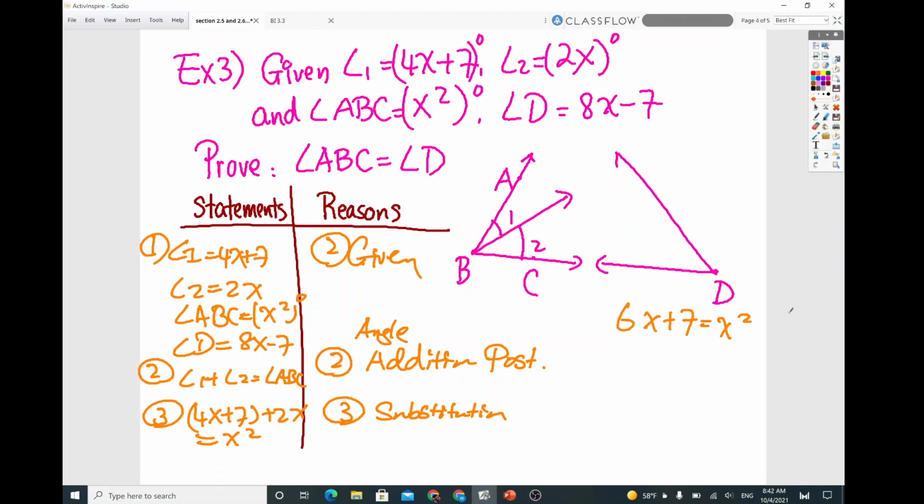It's a quadratic equation, so bring everything to one side: x squared minus 6x minus 7. Factor it: x minus 7 times x plus 1. So x equals 7 or x equals negative 1. But be very careful: x cannot be negative because the angle would be negative. So we just use 7. X equals 7.